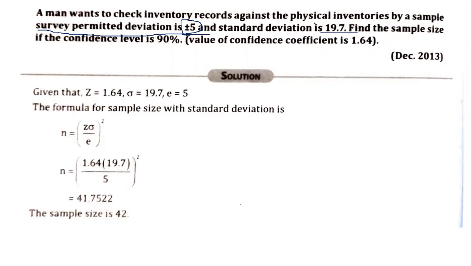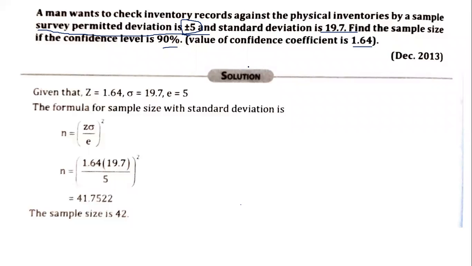Find the sample size if the confidence level is 90%. Value of confidence coefficient is 1.64. So what is this 1.64? Coefficient is 1.64. Now 1.64 is the Z value. So confidence coefficient is 1.64, which is the Z value. And then standard deviation is 19.7.